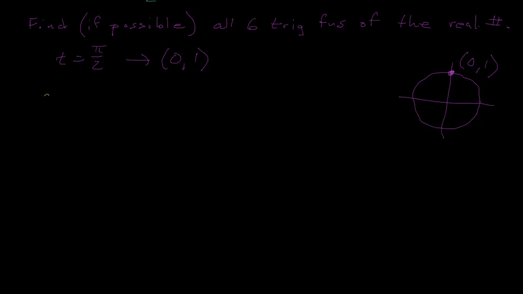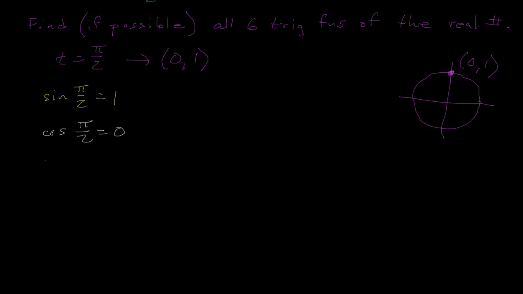So the sine of pi/2 is equal to 1. The cosine of pi/2 is equal to 0.